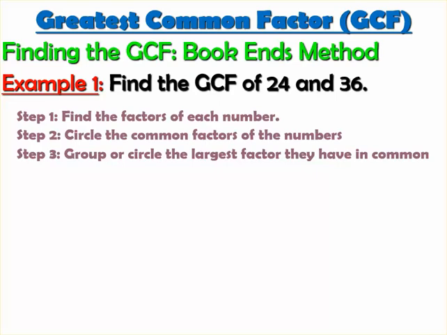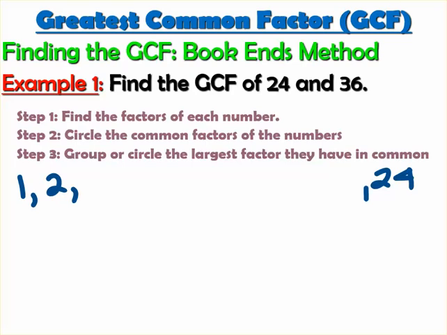Okay, let's find the greatest common factor of 24 and 36. We start by finding the factors of each. We're starting with 24, so my bookends are going to be 1 and 24. 2. 2 does go into 24.